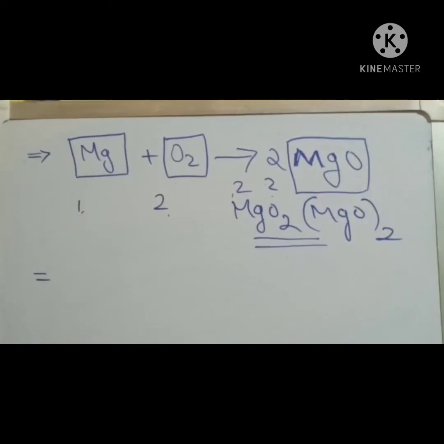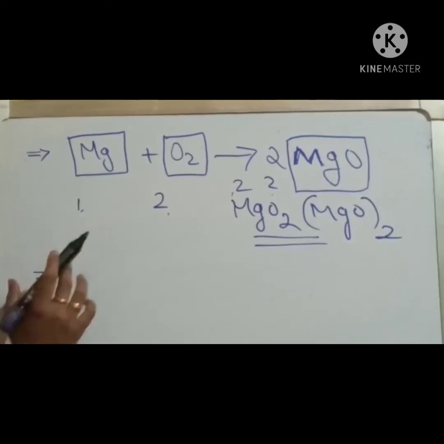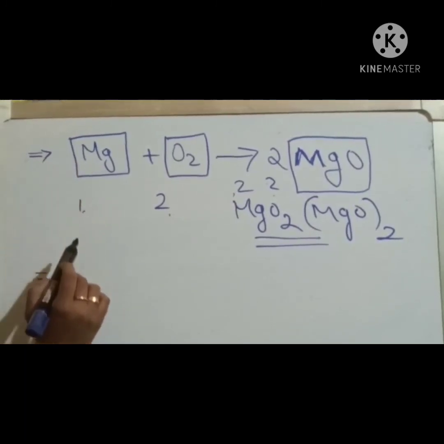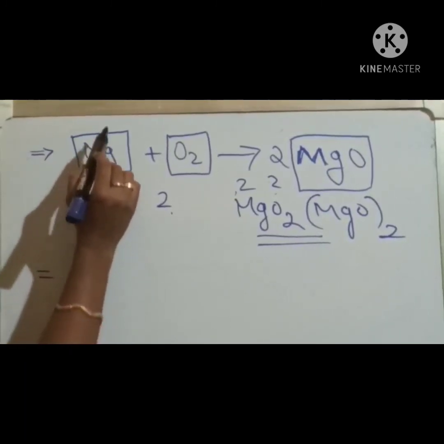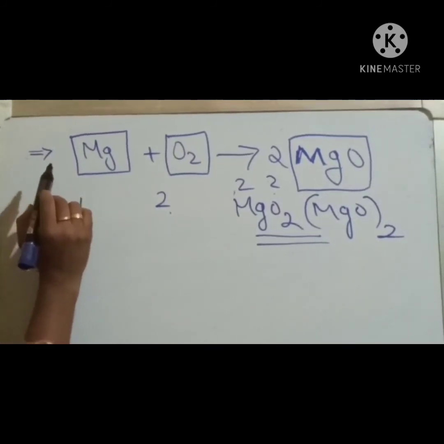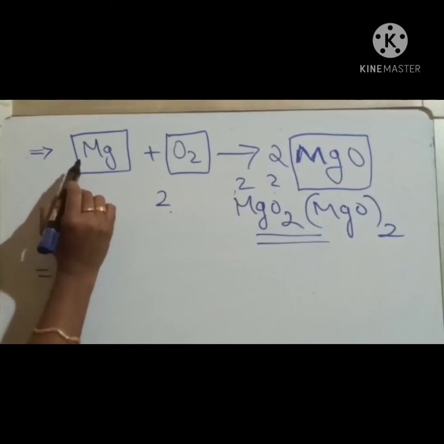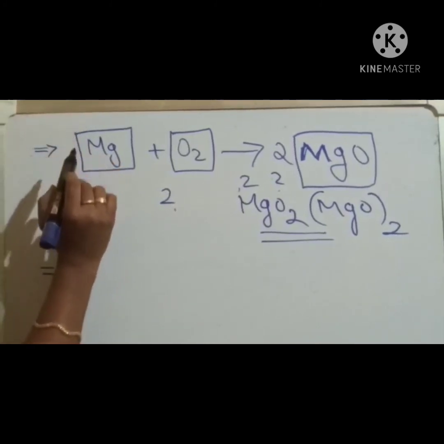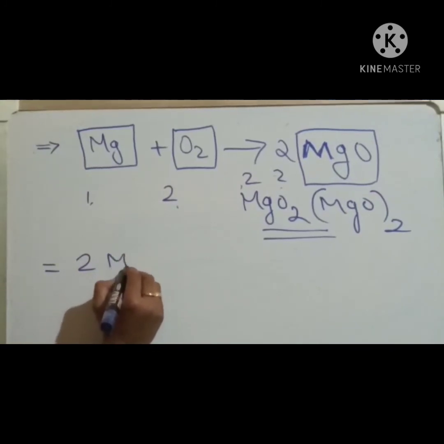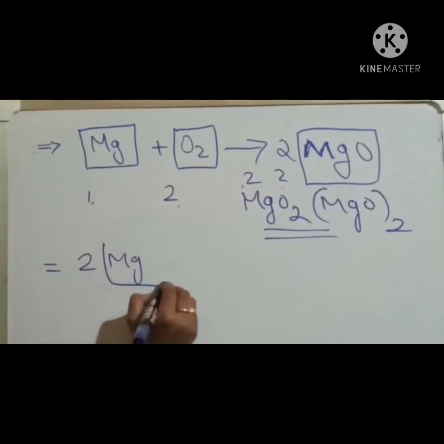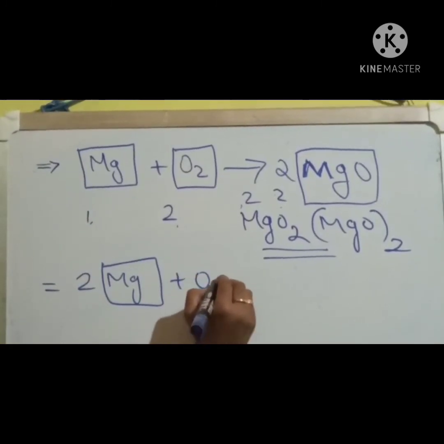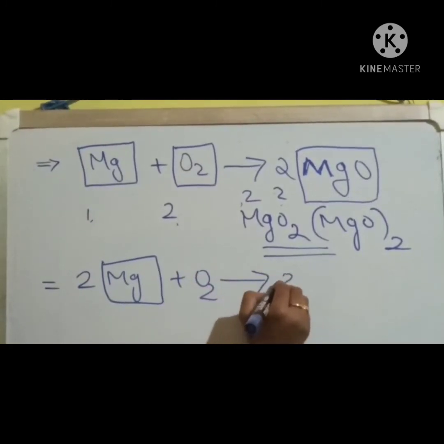So in order to balance magnesium, we have to multiply it with 2. On LHS, magnesium is not balanced, so we are going to multiply the magnesium on LHS with 2. Then the equation becomes 2Mg plus O2 gives 2MgO.